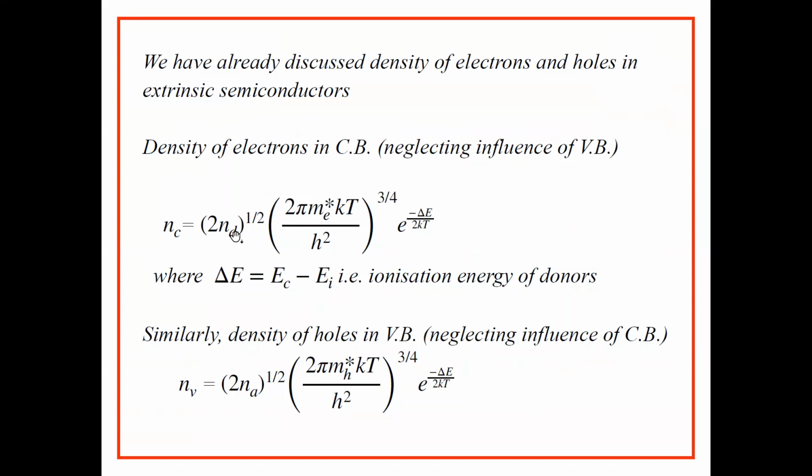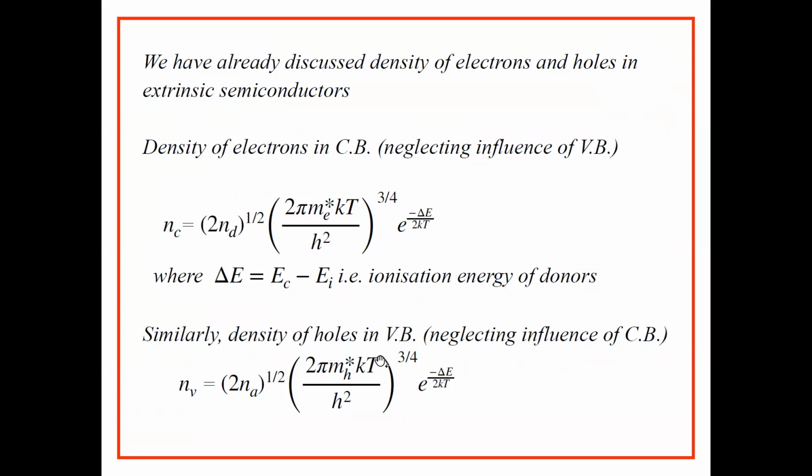So density of electrons in conduction band is equal to the square root of 2 Nd, 2 pi me star kT upon h square to the power 3 by 4, e to the power minus delta E upon 2 kT, where delta E is the ionization energy of donors.